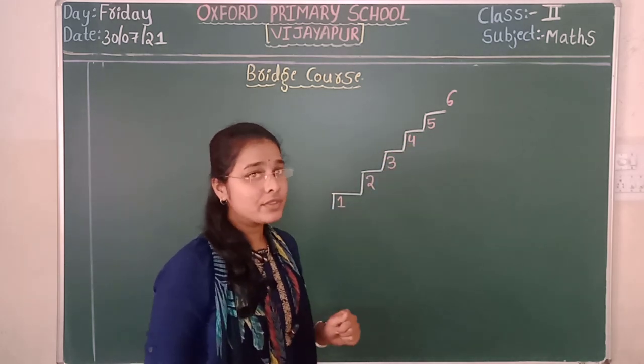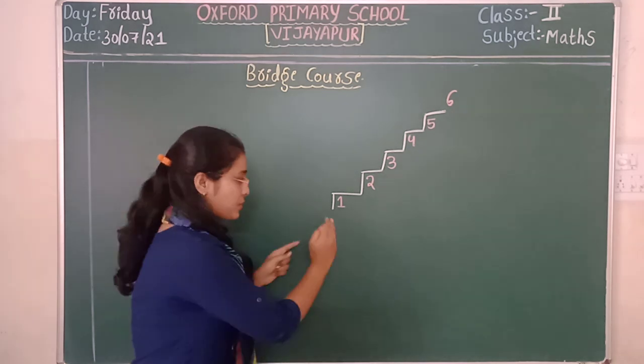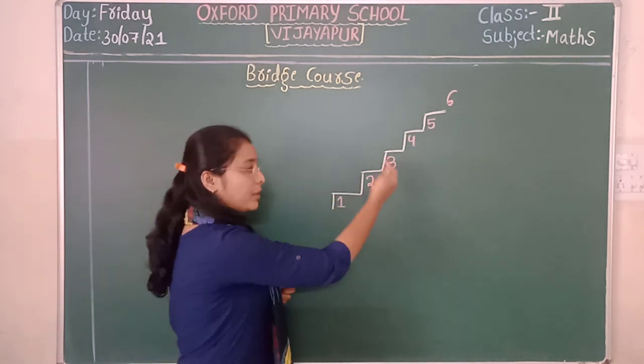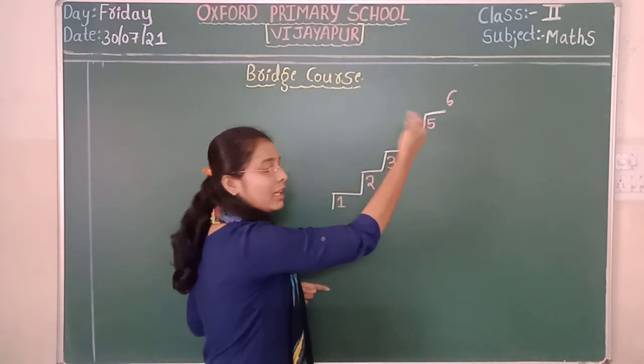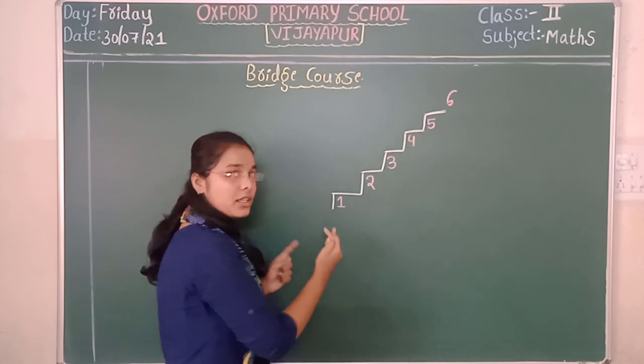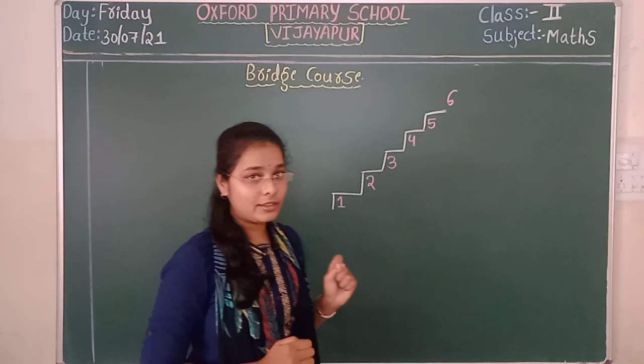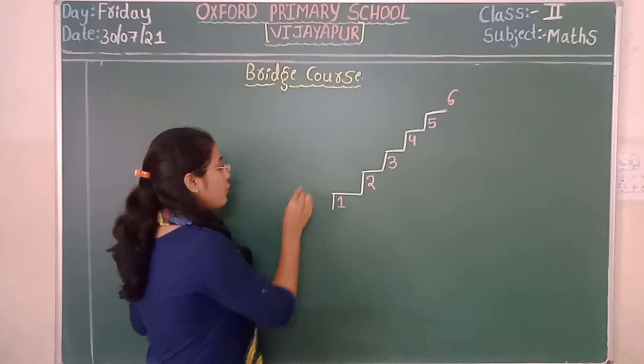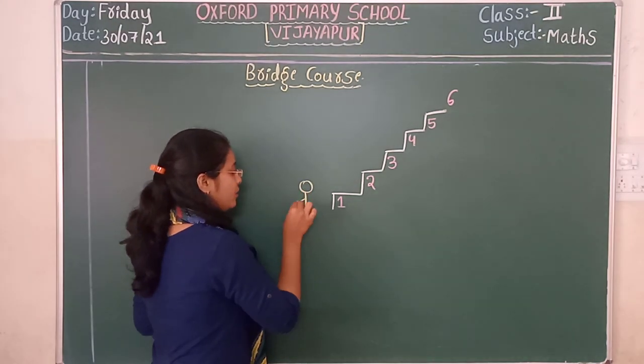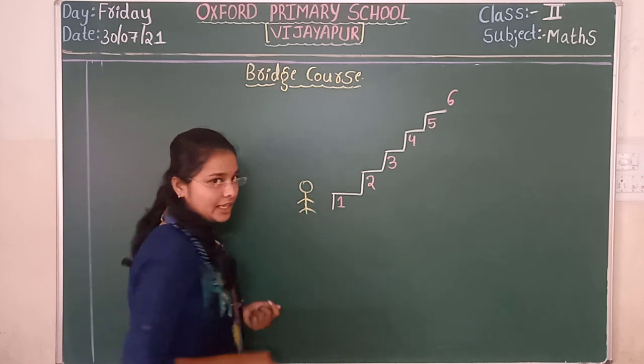Children, how will we climb? From smaller to bigger, then bigger, still more bigger. From the smallest step to the bigger step we will climb. With the help of one of the boys, I will teach you what ascending order means.